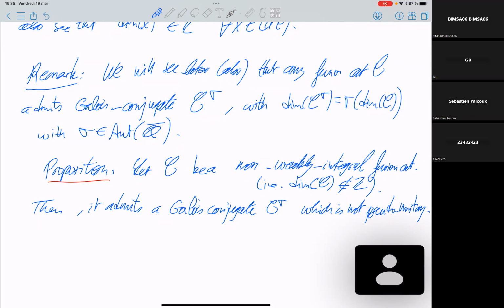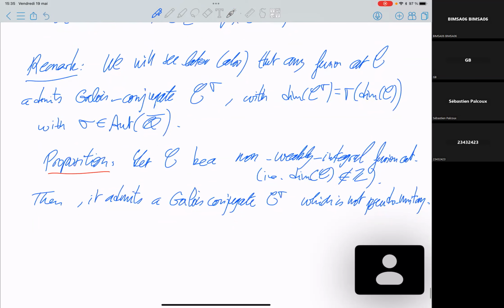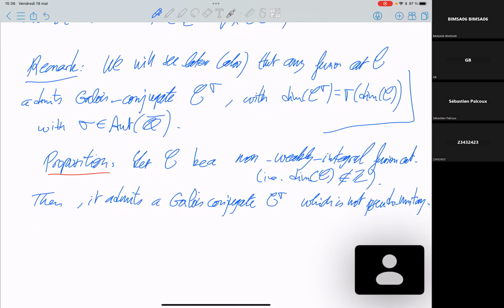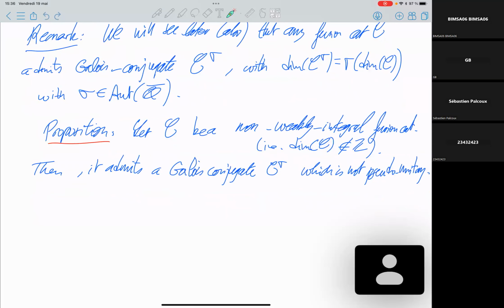We just need this property: the categorical dimension of the conjugate is the conjugate of the dimension under σ. So if you have a non-weakly integral fusion category, it admits a non-pseudo-unitary conjugate.